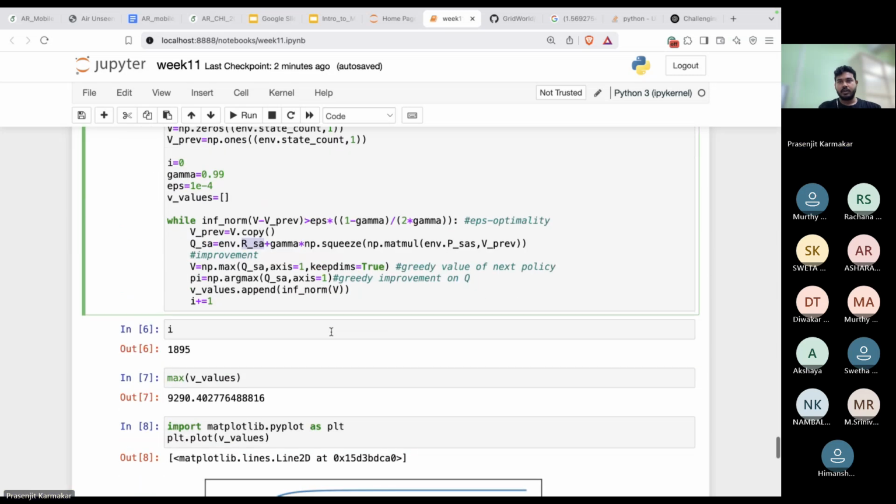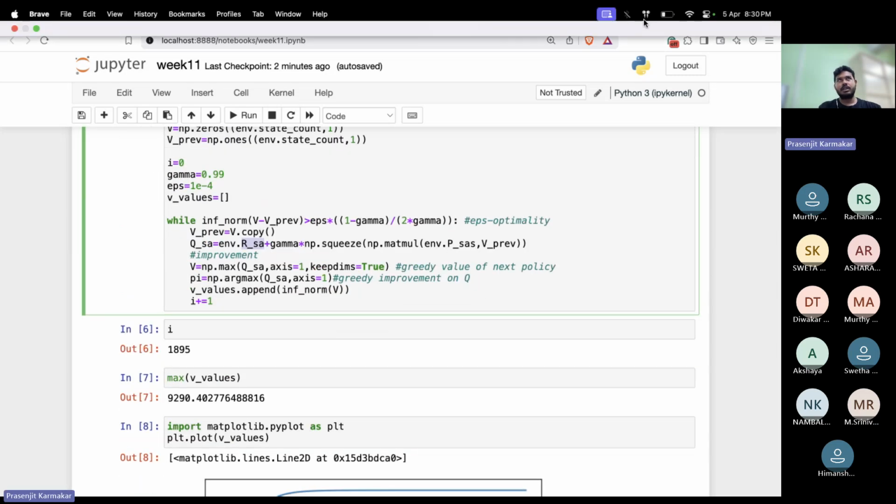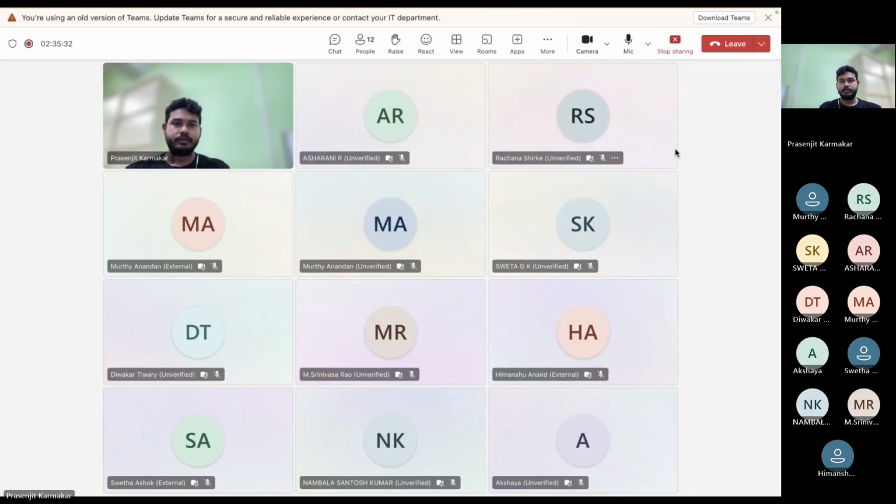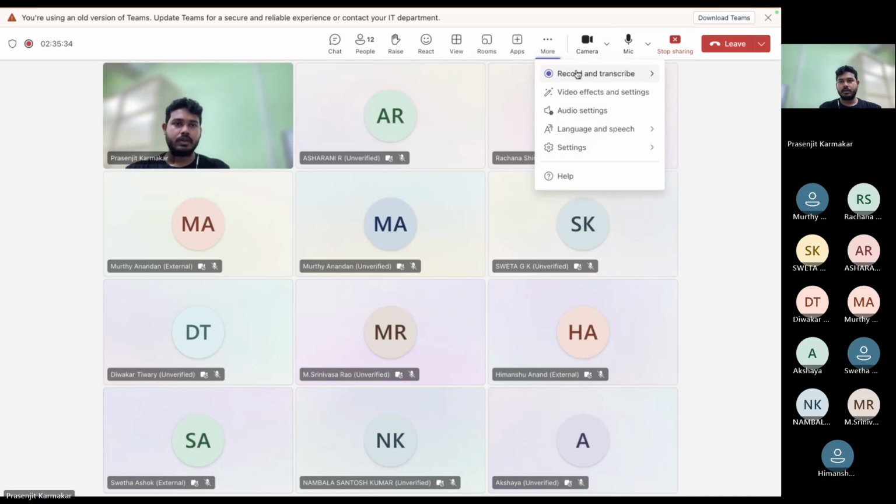Now, I guess next class we can discuss the questions from week 11 and week 12, right? And cover some algorithms for model-free reinforcement learning. Okay. Do you have any questions at this point?